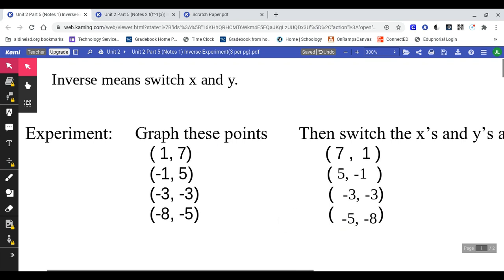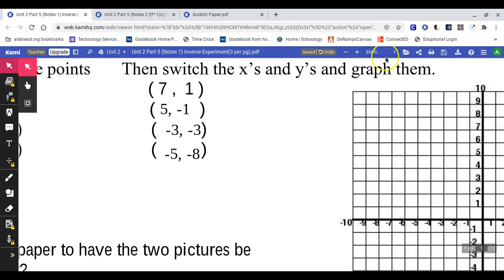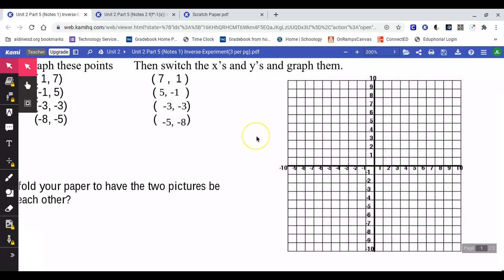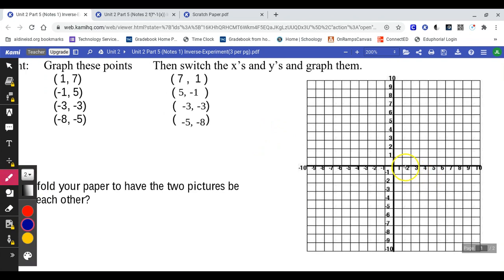When we are drawing the graph, what we're going to do is put both the new points and the original points on the same graph and see if we notice some kind of pattern. So the first point I need to graph is 1, 7. Then I'm going to graph -1 and 5.